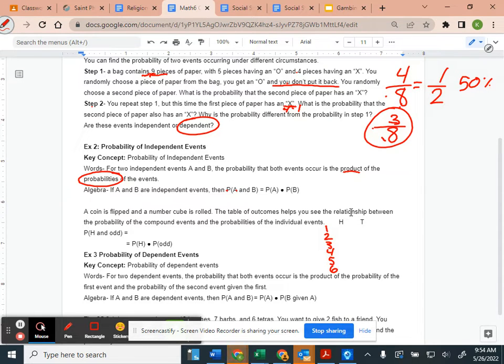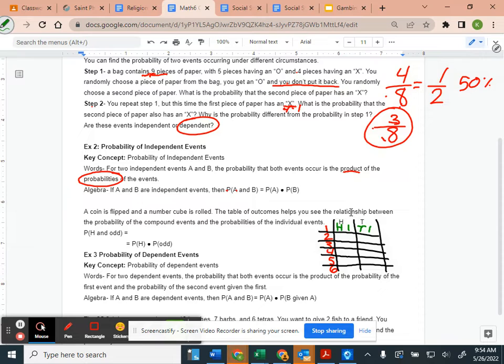So what outcome would we have if we flipped a heads and we rolled a dice? We would put that as heads and a 1. What if we flipped the coin and got a tails and we rolled a 1? That would be a T and a 1.